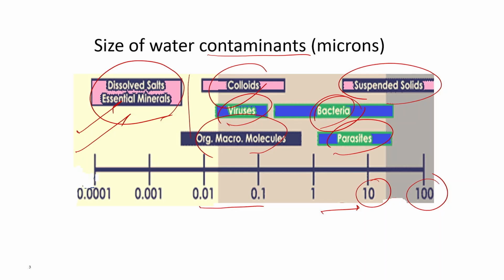Dissolved salt size is about 0.0001 to 0.001 micron. That is a very small size. So, we select our membrane, we select our filter, depending on the size we are targeting.